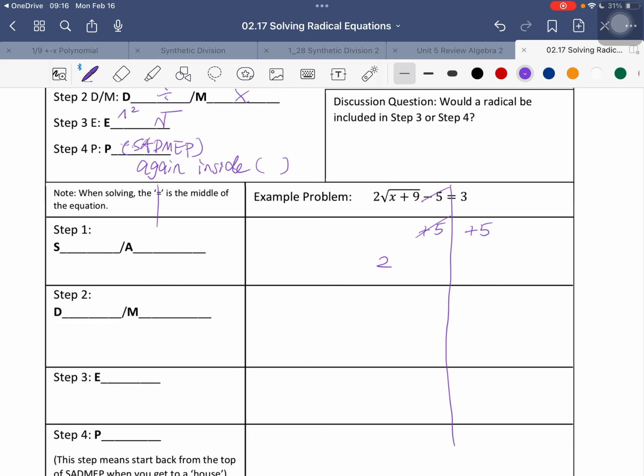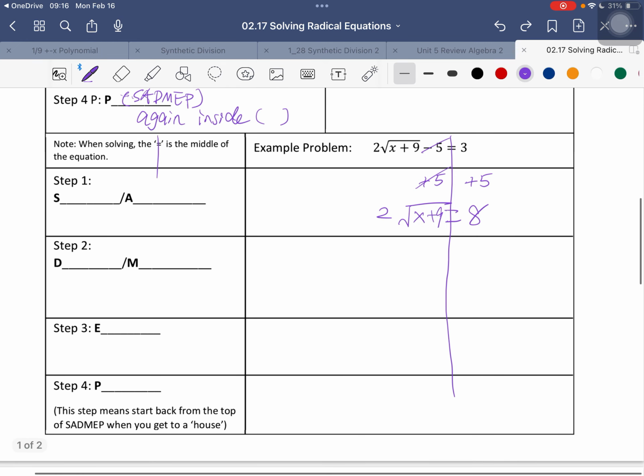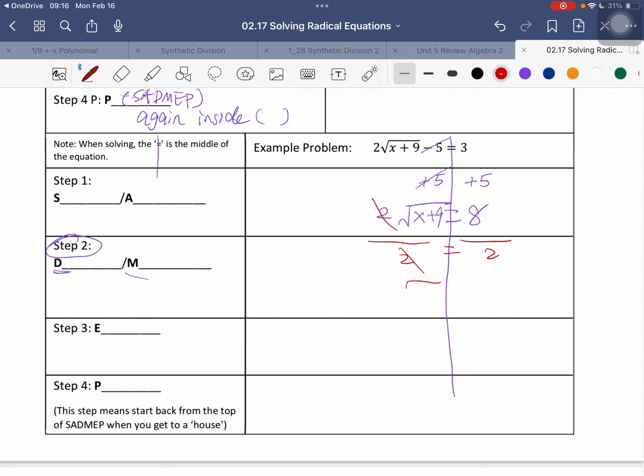And it leaves me 2 square root of (x plus 9) equals 8. 3 plus 5 gives me 8. Okay, now step 2. I can use division or multiplication to get rid of the 2. So I divide both sides by 2. So 2 and 2 cancel out. It leaves me square root of (x plus 9) equals 4.